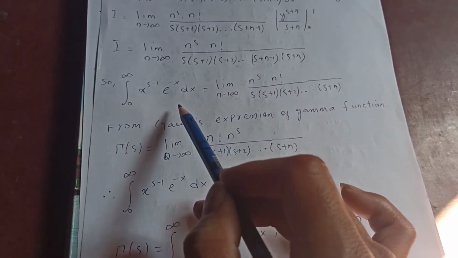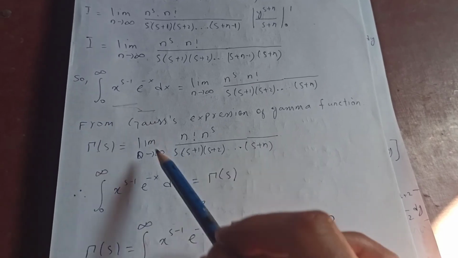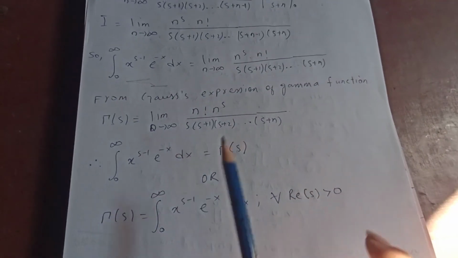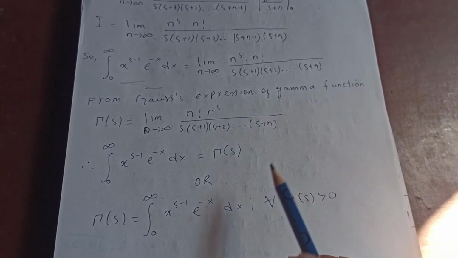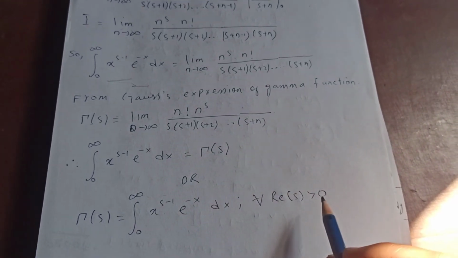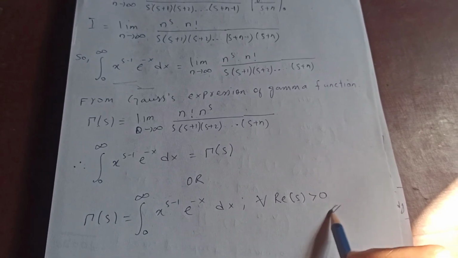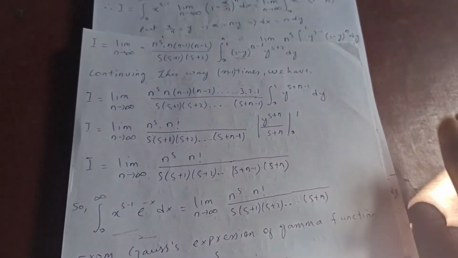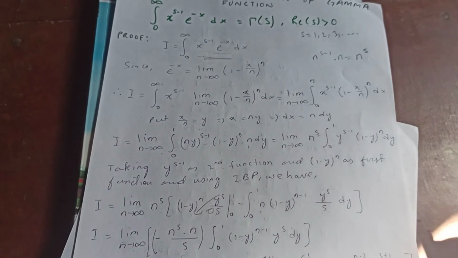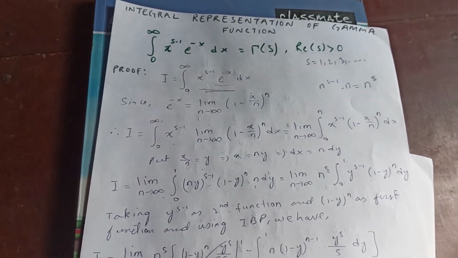So gamma s is the integral from 0 to infinity, x to the s minus 1 e to the negative x dx, for all real part of s greater than 0. So this is the proof of the integral representation of the gamma function. So this is how I managed to prove this.